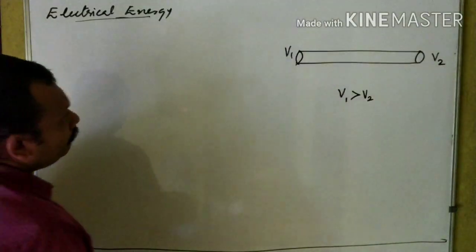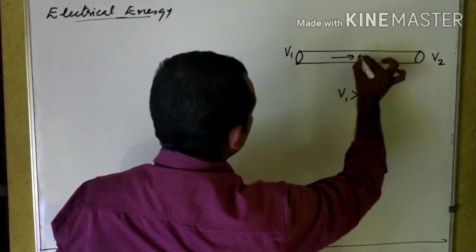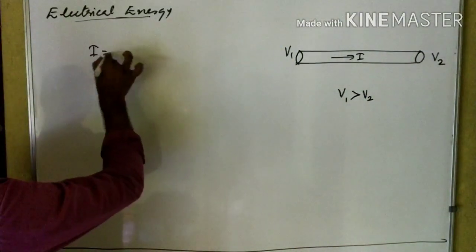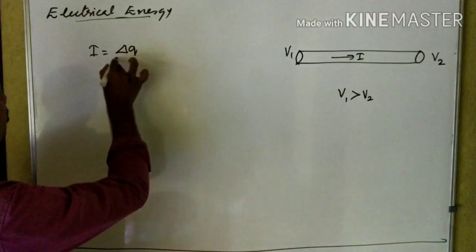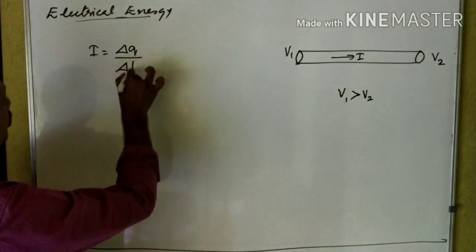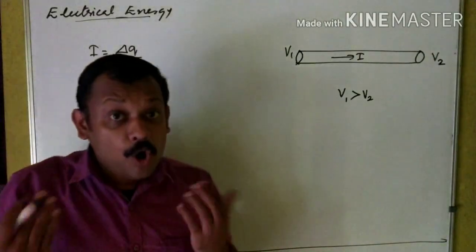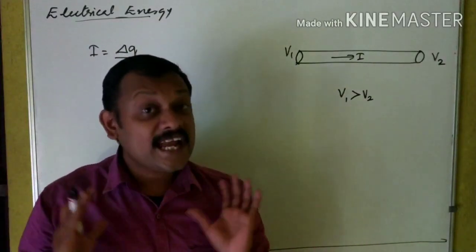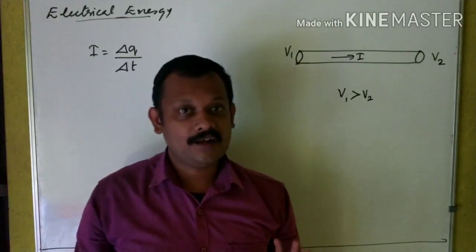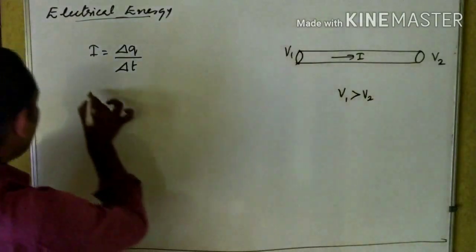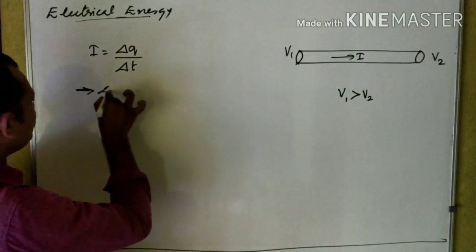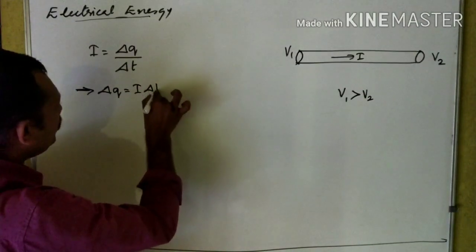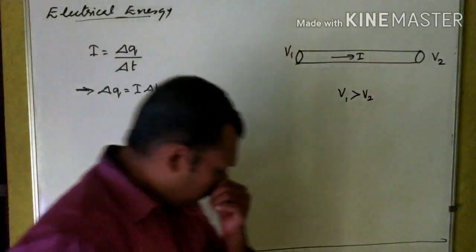Let there exist a steady current I, which can be written as I = ΔQ/ΔT, where ΔQ is the amount of charge flowing through the conductor in a time interval ΔT, which means ΔQ = I ΔT.